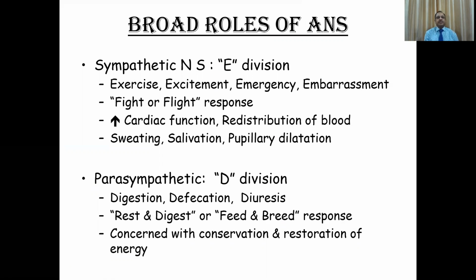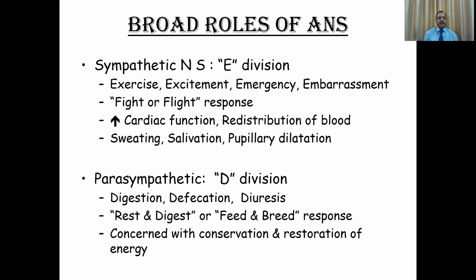Sympathetic nervous system prepares the body essentially for a fight or flight response in the times of exercise, excitement, or any emergency. It's also called the E division of the body. And the response is manifested in form of increase in cardiac function, redistribution of blood flow, sweating, salivation, pupillary dilatation, which we are well aware of.